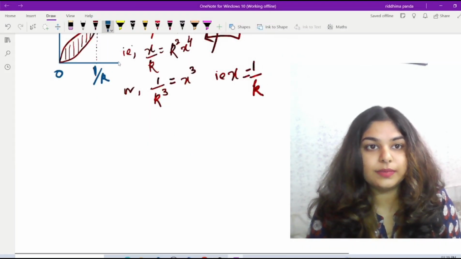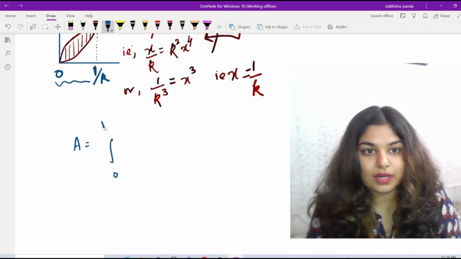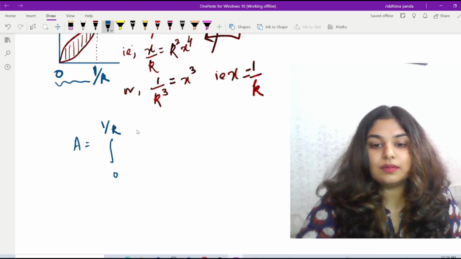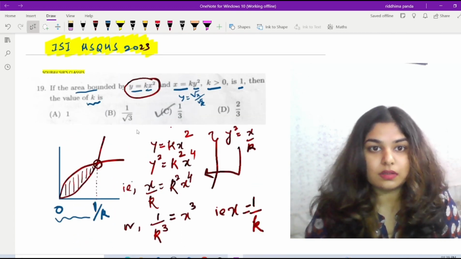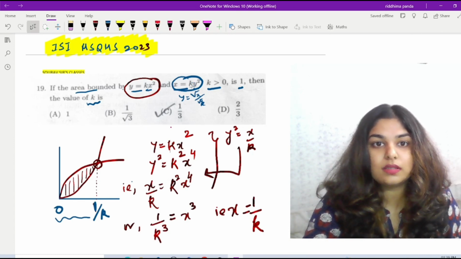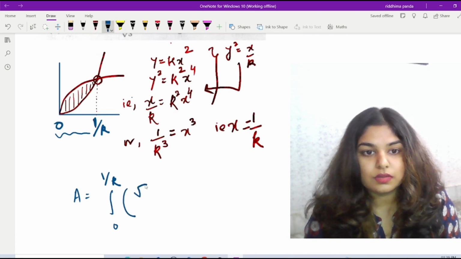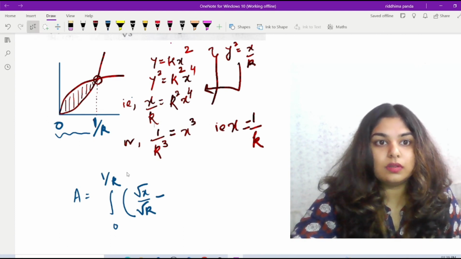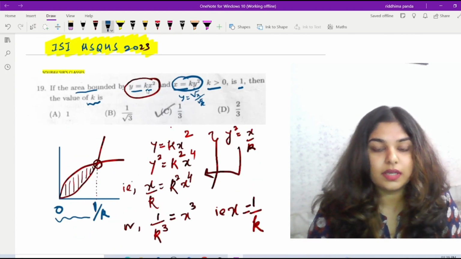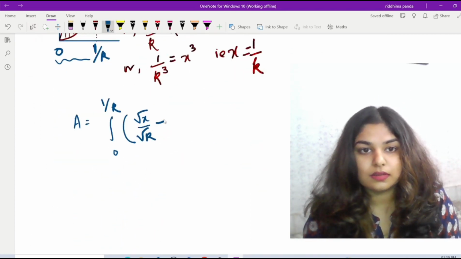The area A is the integral from 0 to 1/k of the upper curve, y = √x/√k, minus the lower curve, kx², dx.